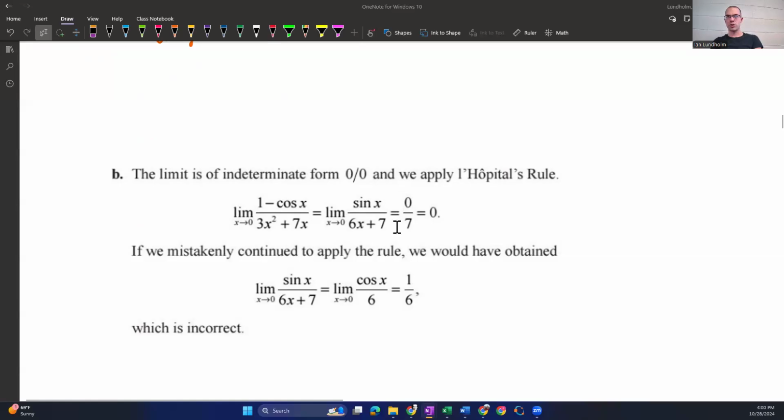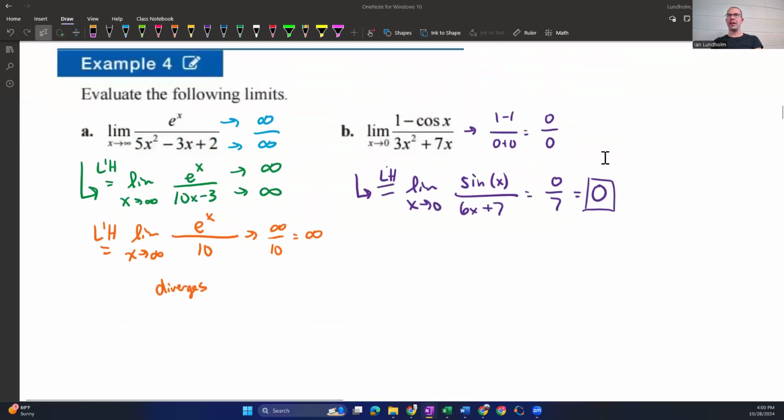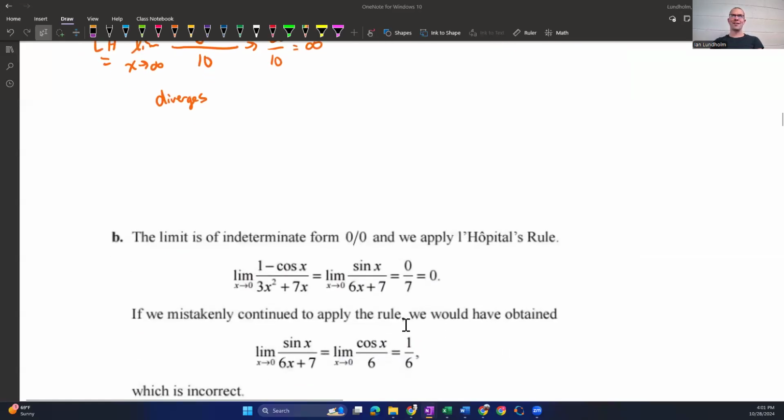In this case, we're trying to apply L'Hopital's rule in a scenario where it doesn't apply. We are not in an indeterminate form when we get to this answer of 0. It's not 0 over 0, it's 0 over 7. So we stop there. You can get a different answer if you accidentally do L'Hopital's rule when you're not supposed to.